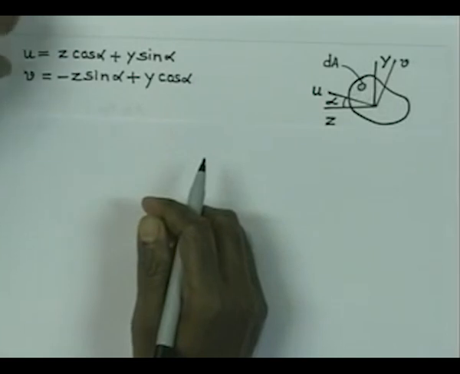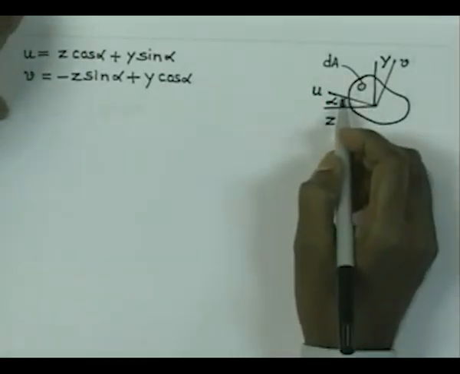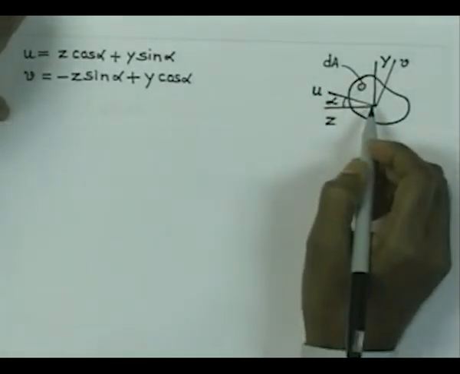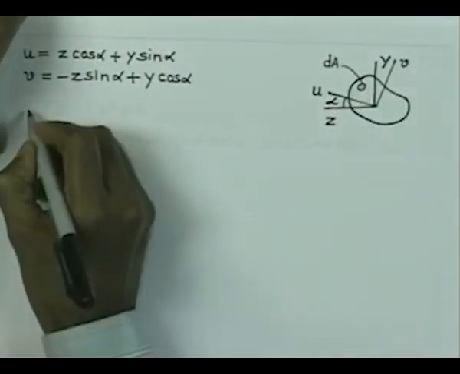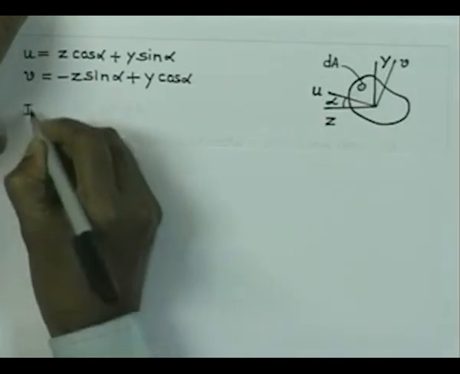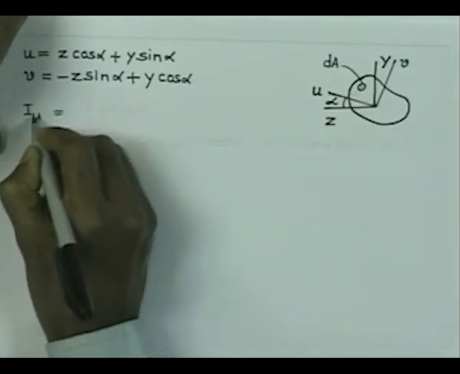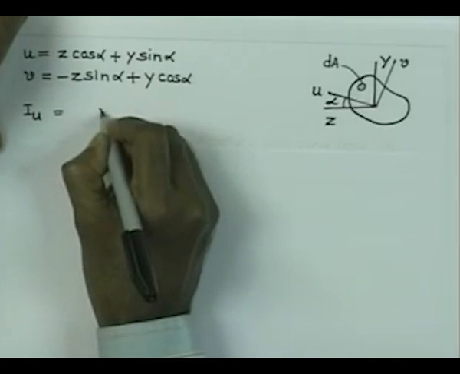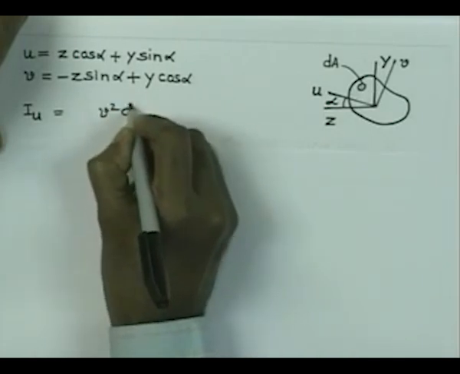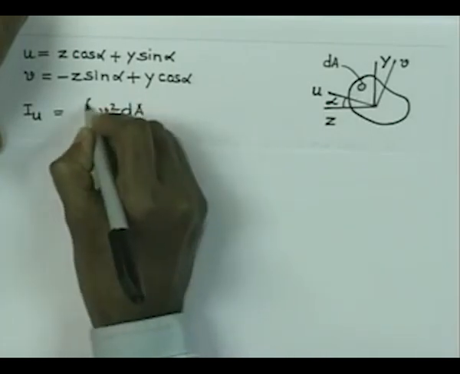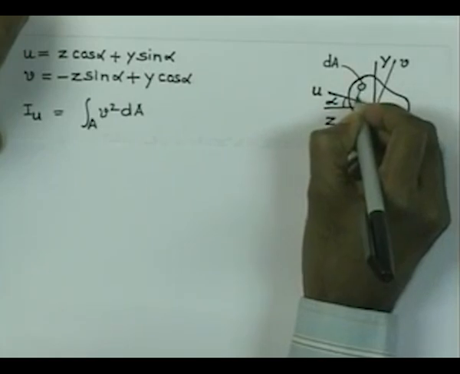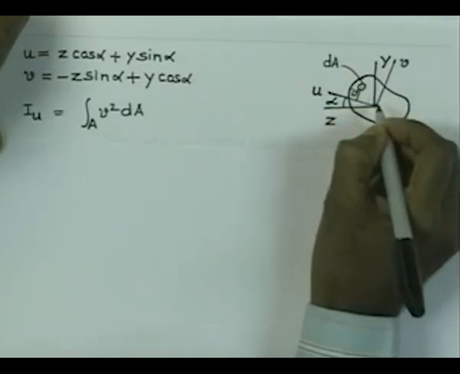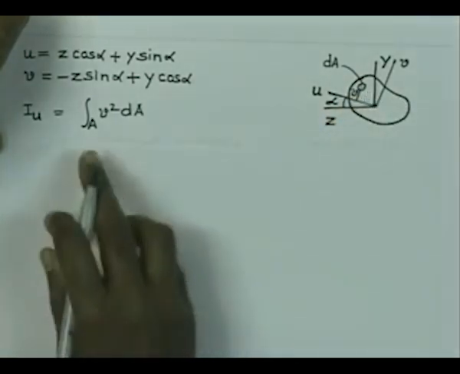Now, if I try to consider the moment of inertia about the axis u, then we have to take v square dA integrated over the whole area. So, therefore, moment of inertia about the axis u is nothing but integration of v square dA over the whole area. This is the elemental area dA, and this is the distance v. So it is v square dA to be integrated.